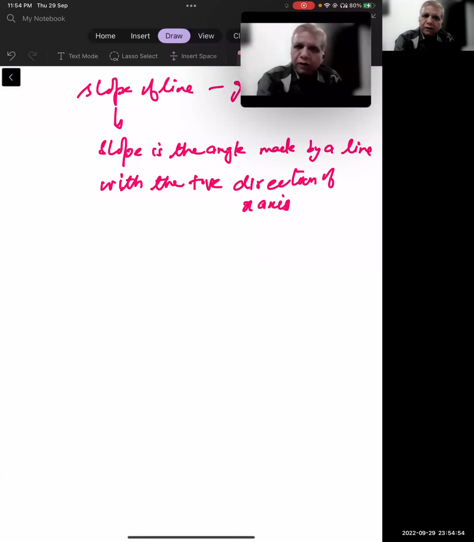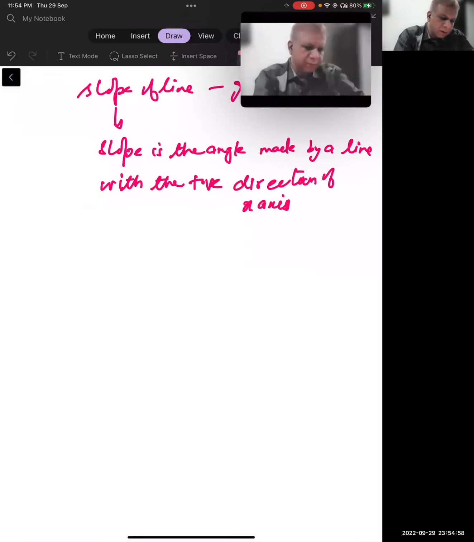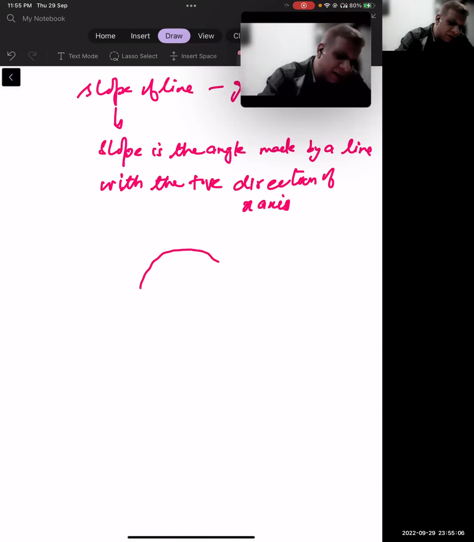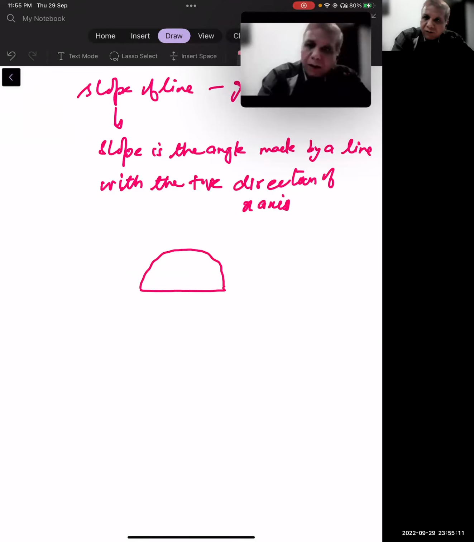Okay, now can you hear me? I can. Okay, fine. Slope is the angle made by a line with the positive direction of x-axis. I think you may have seen the protractor like this in childhood.